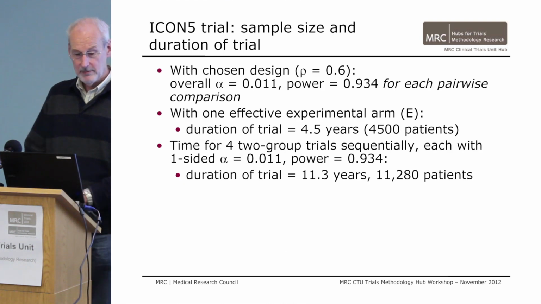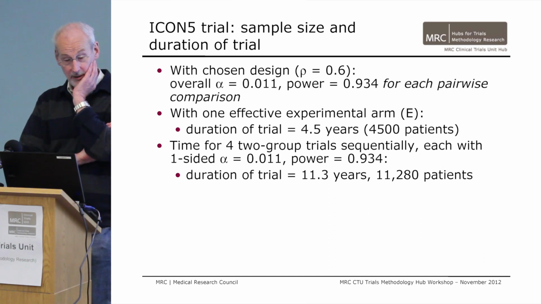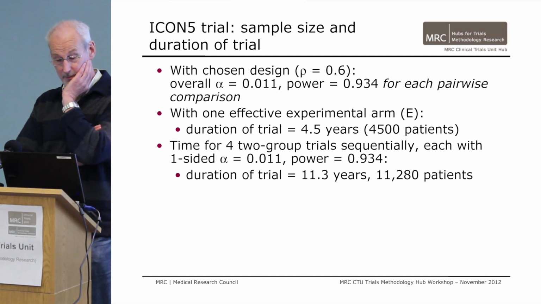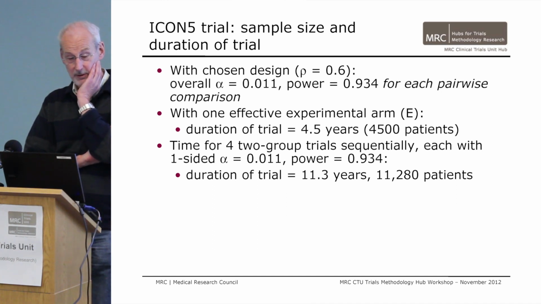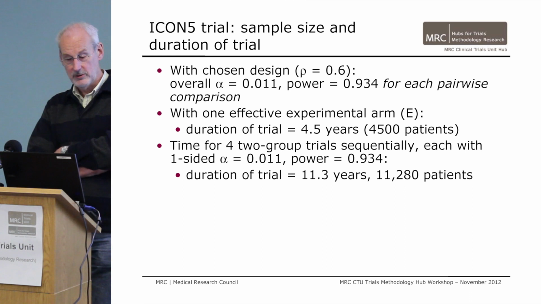With the chosen design, let's assume the correlation that I talked about earlier is 0.6. The overall type 1 error turns out to be 1.1%, and the power 93% for each comparison. With one expected experimental arm, just one, the duration of the trial would be 4.5 years with 4,500 patients.